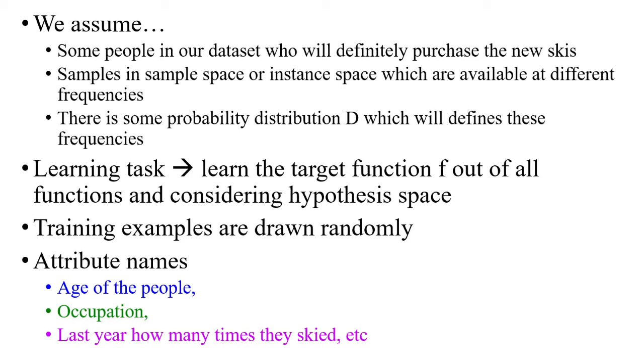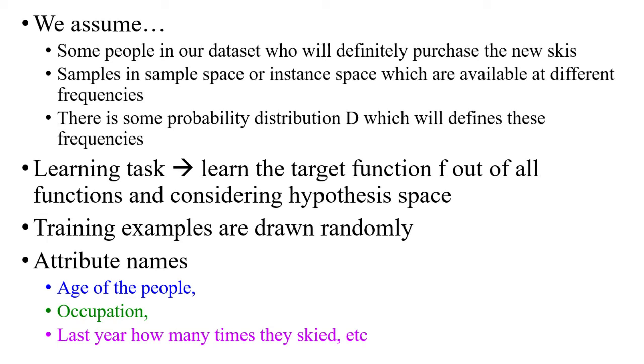Now, to illustrate, we will consider the target function as people who plan to purchase a new pair of skis this year. The training data is a people survey report. This report forms the data, which is actually a survey made on people when they arrive at a ski resort.